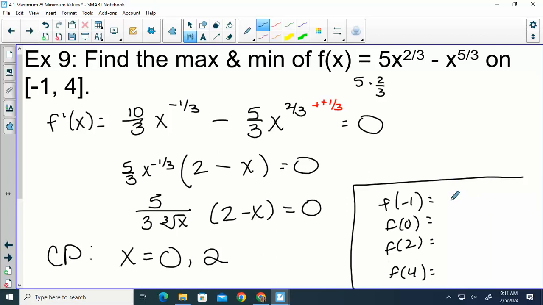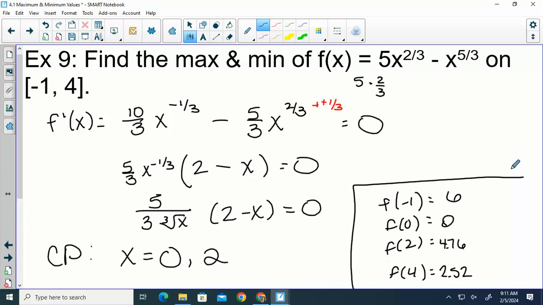What did -1 give you? Okay, what about 0? 2? Probably not nice. Give me a couple decimal places. 1.7622. Is that what you guys want to use? 4? 2.5198. 2.52.